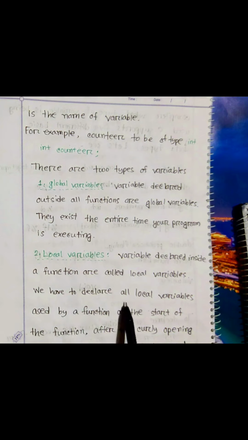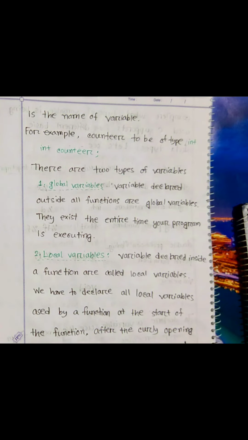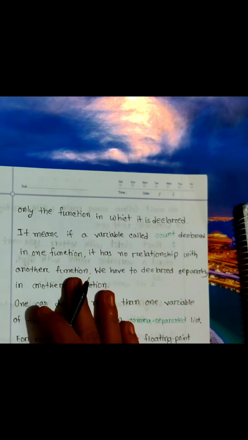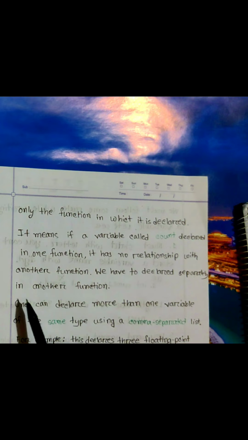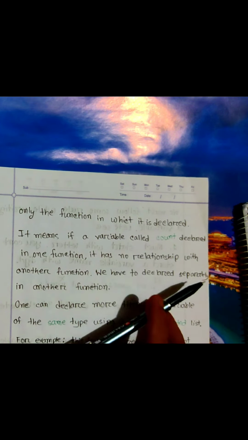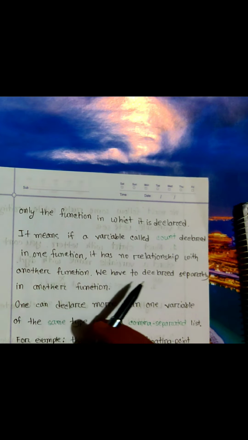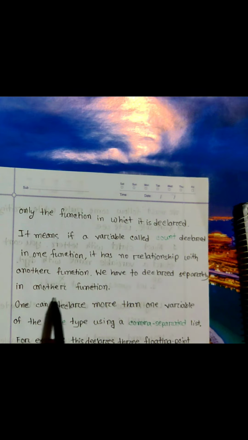We have to declare all local variables at the start of the function, after the curly opening brace. A local variable is known only to the function in which it is declared. It means if a variable called count is declared in a function, it has no relationship with another function. We have to declare it separately in another function.